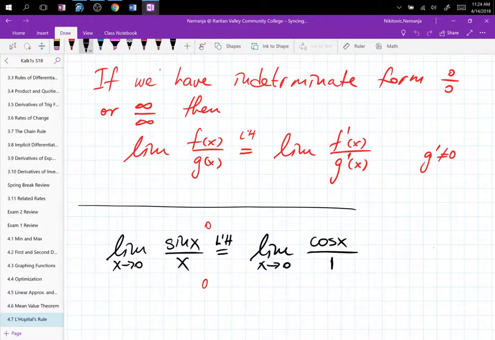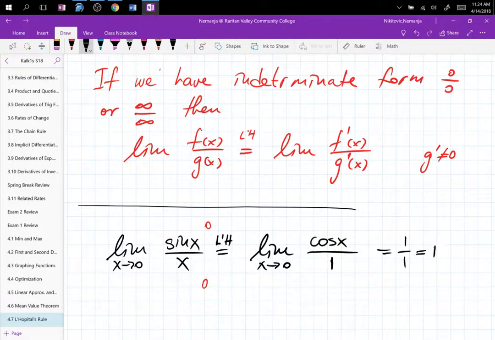In this case, you cannot, because when you plug in 0, you do not get 0 over 0 or infinity over infinity. But we're lucky, because cosine of 0 is 1, 1 divided by 1 is 1, and we're done, right? So this is equal to 1 over 1 equals 1.